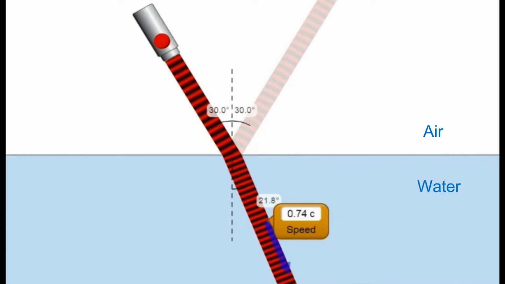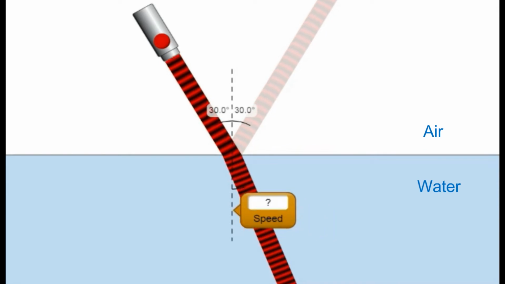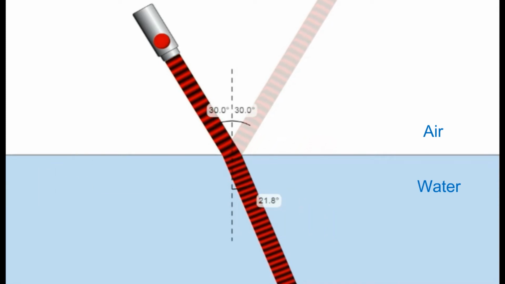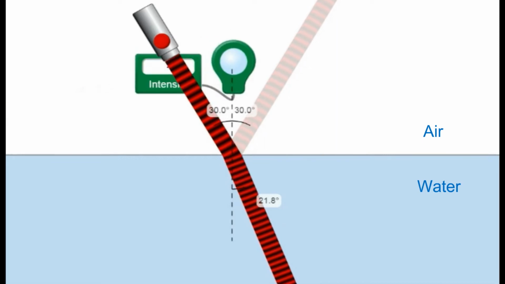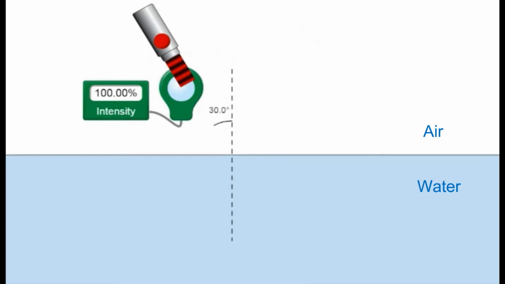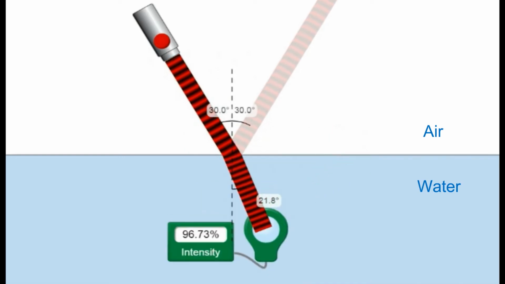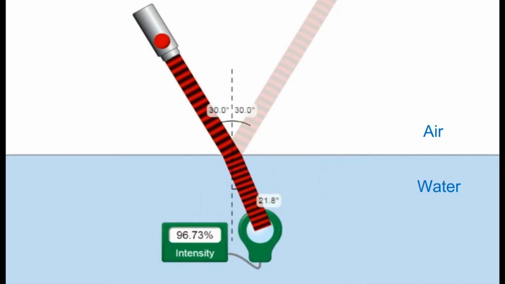So it is clear the speed of the light is decreased when it moves from air to water. Similarly, let us try to understand whether the light intensity is changing or not. Intensity is nothing but the amount of light entering into the medium. So let us take, in air it is 100% the intensity of light. Now let us see what is the intensity of light in water.